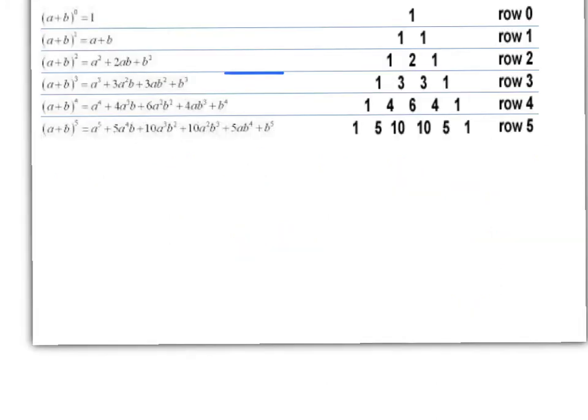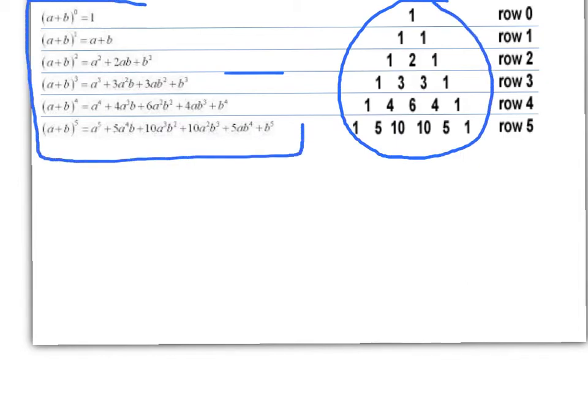And that's the relationship between Pascal's triangle, which is right here, and the binomial expansions, which is right here, and that calculator nCr button.